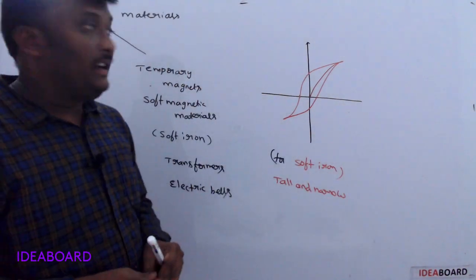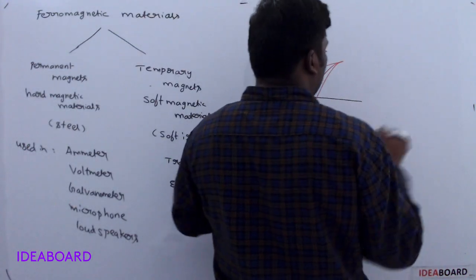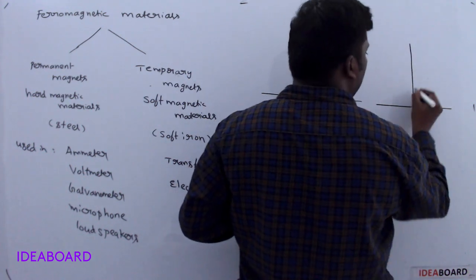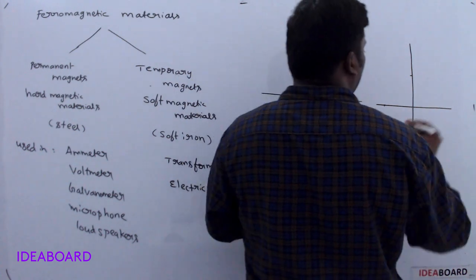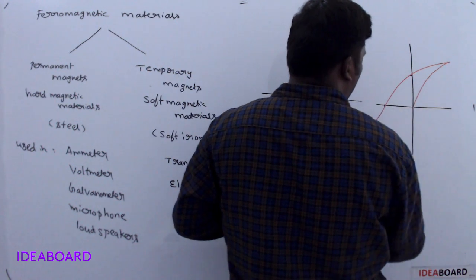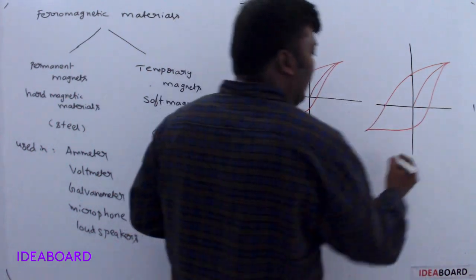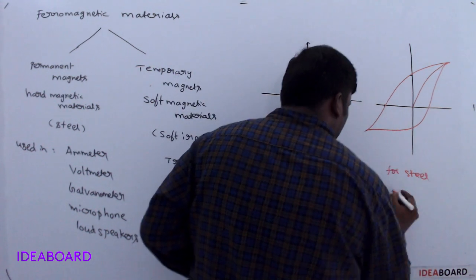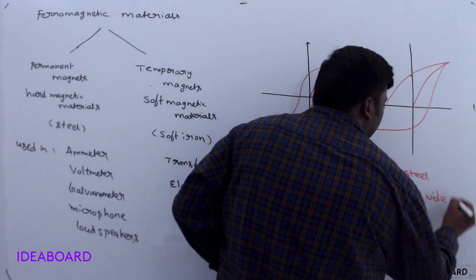Tall and narrow for soft iron, but for steel the diagram will be like this. This is for steel, tall and wide.